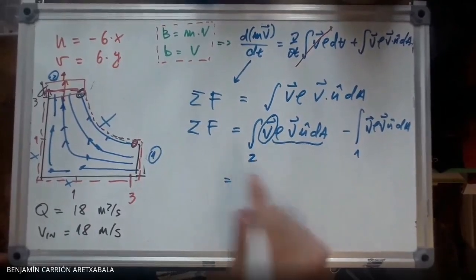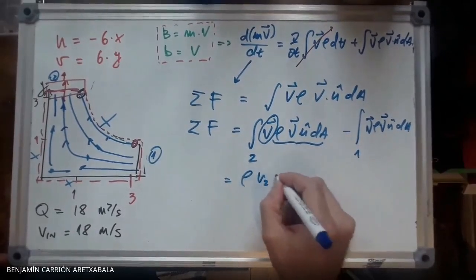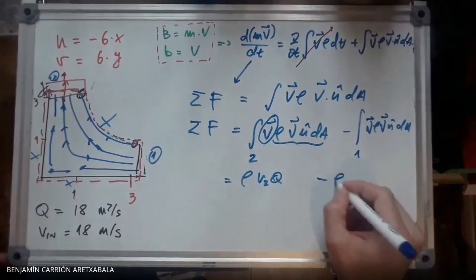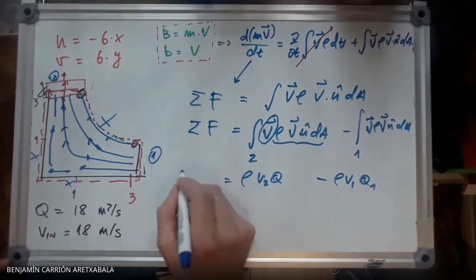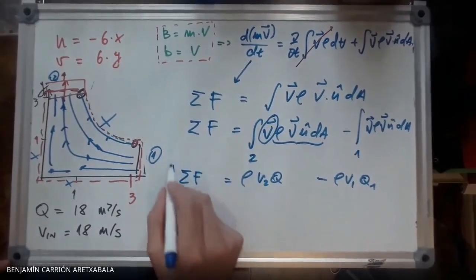The typical form is like this: rho V2 Q minus rho V1 Q. So the sum of forces has to be this.